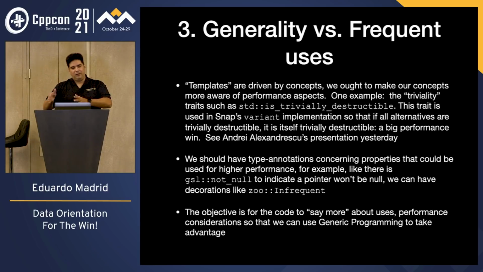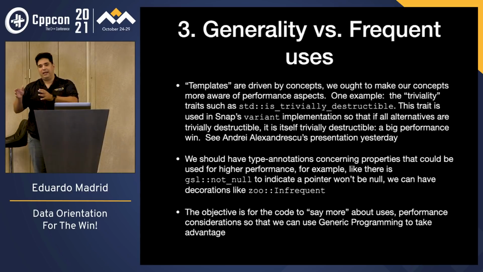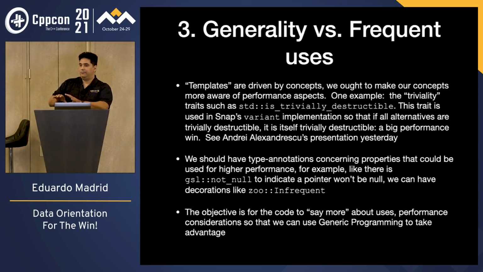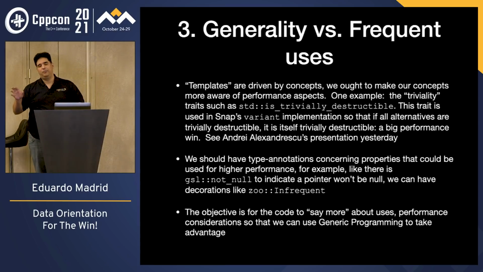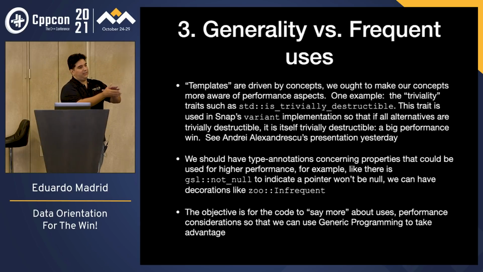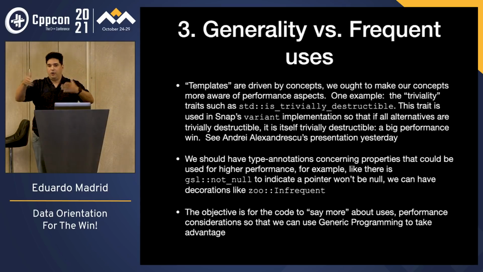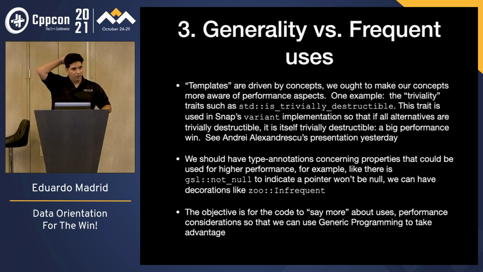There are type annotations, like for example in the guideline support library, not null, that all they do is indicate, well, they do more, but their raison d'être is to indicate that the pointer won't be null, okay? And then you can leverage that in your code because you know that the pointer is not going to be null.